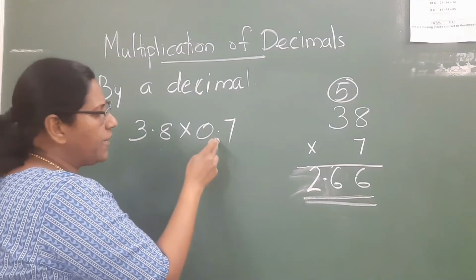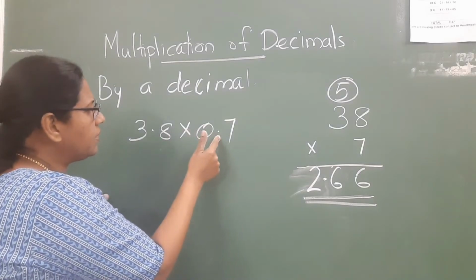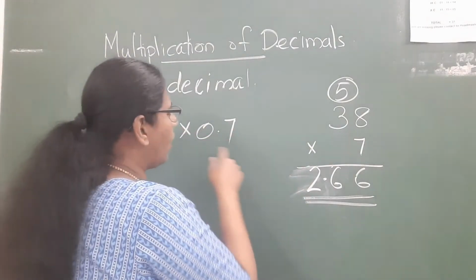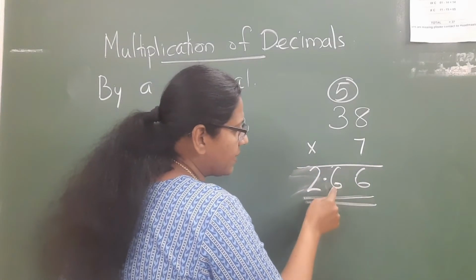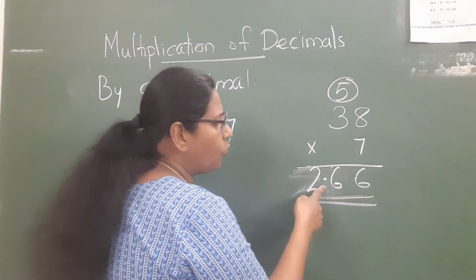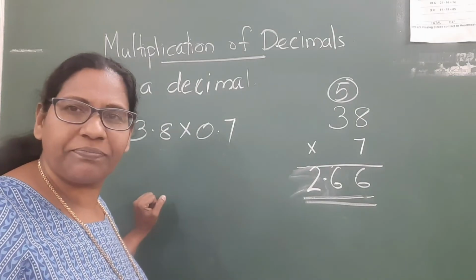So after 2 places we have to put the decimal point. So we get the answer 2.66. That is the answer we get.